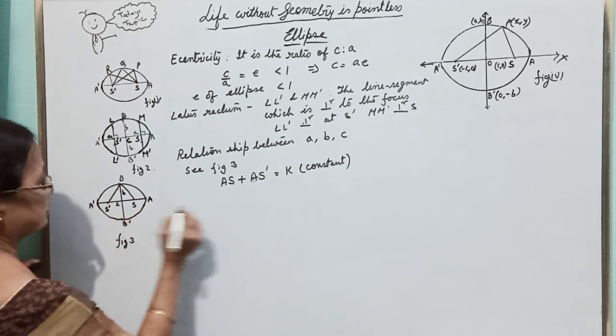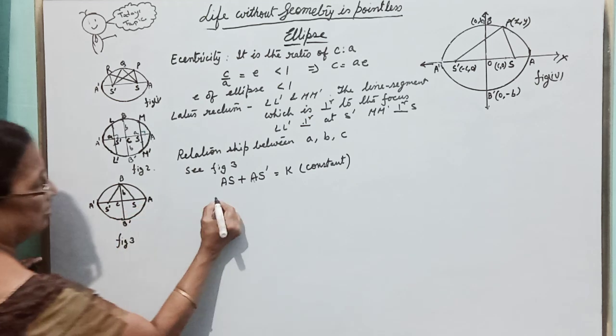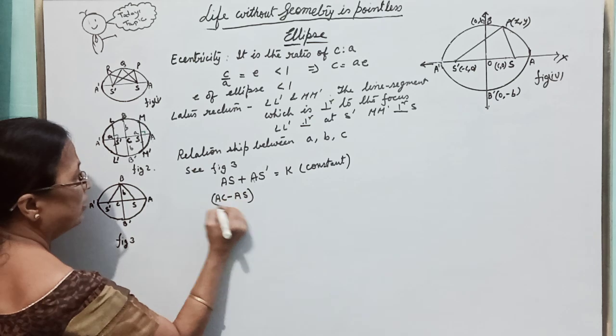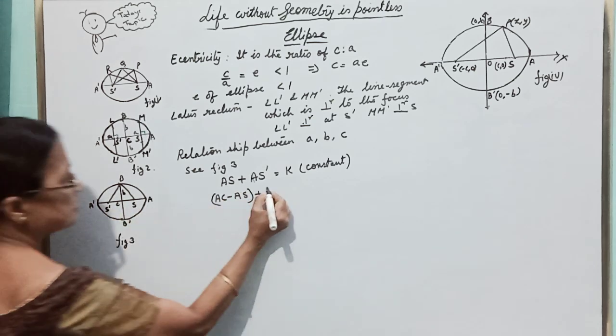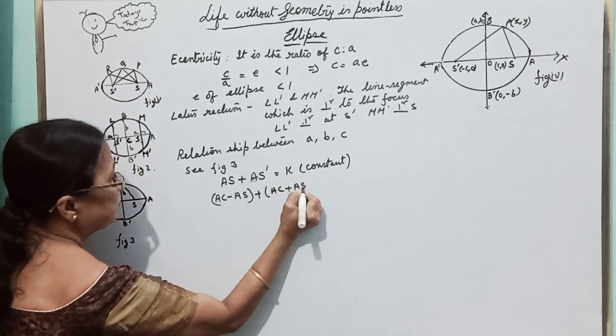Now what is AS? AS can be written as AC minus CS. And AS dash is AC plus CS dash.